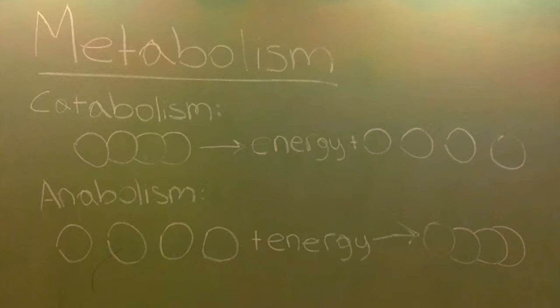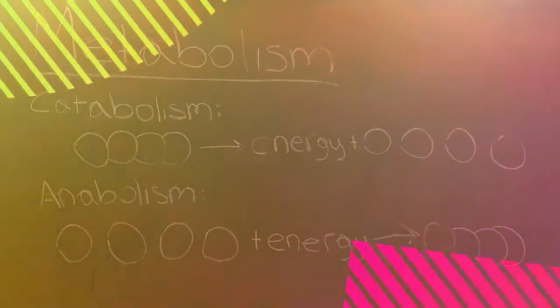In my artistic mind, those are simpler molecules combined with energy to create the kind of combined circle thing, which is in my mind a complex molecule. So that's a very simple diagram of what anabolism looks like.